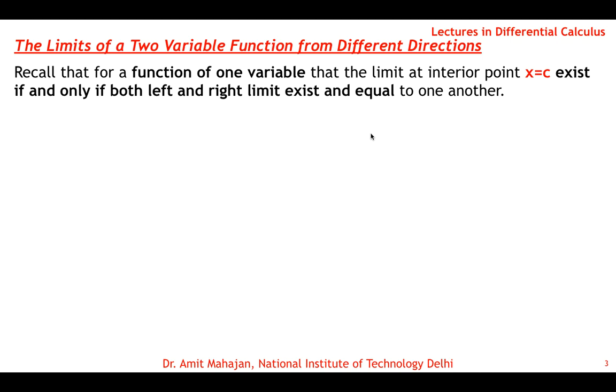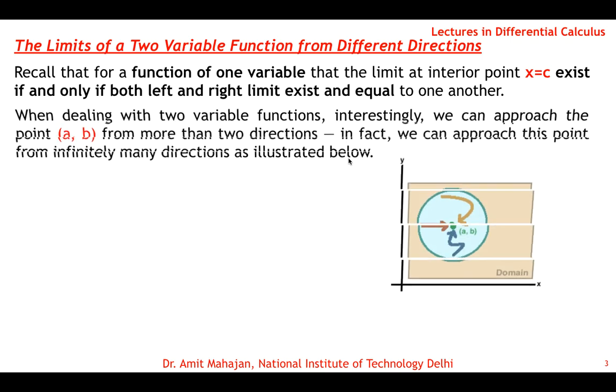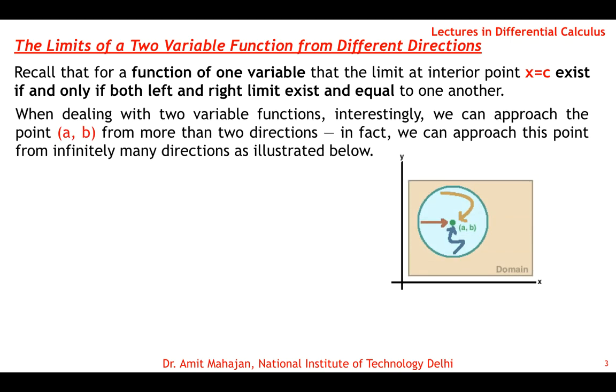But in the case of a function of two variables, we can approach the point from infinitely many directions. So when dealing with two variable functions, we can approach any point a b from more than two directions. In fact, we can approach this point from infinitely many directions. As you can see, say this is the point a b, and this is the disk of delta distance.